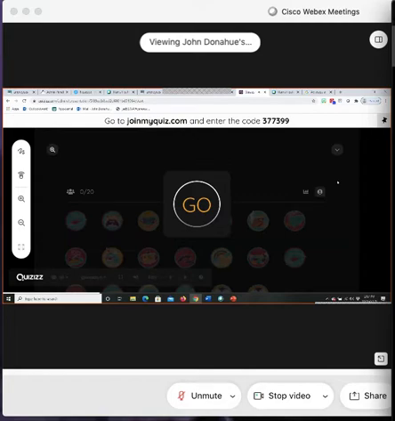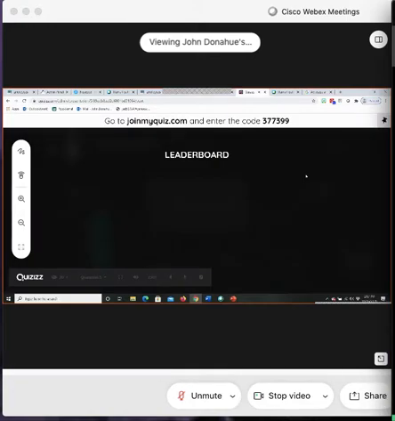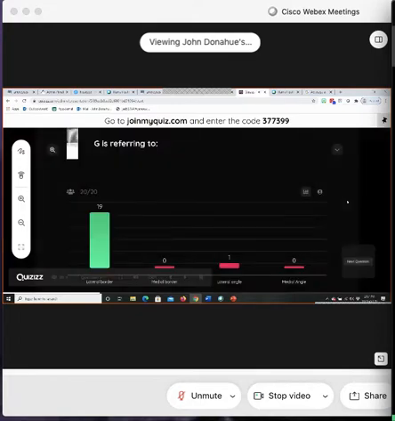G is referring to what? It's going to be the lateral border of the scapula. Lateral scapula. Very good. Very good.